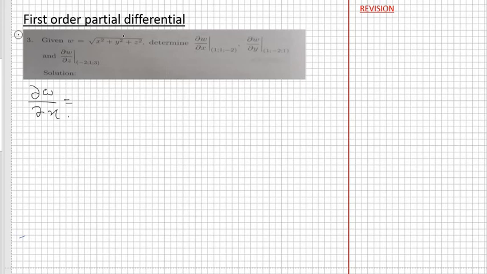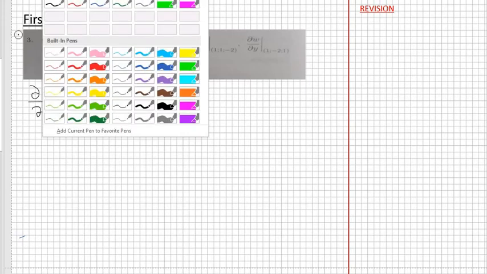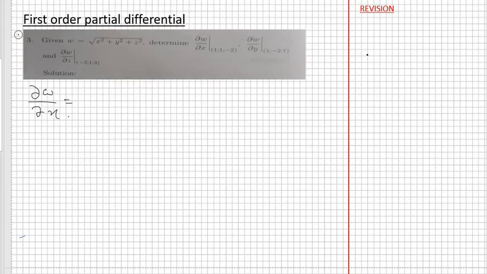Now, in order to derive this, you need to use the formula sheet. We need to know the derivation of a square root of a function. So if we derive this, what are we gonna get?